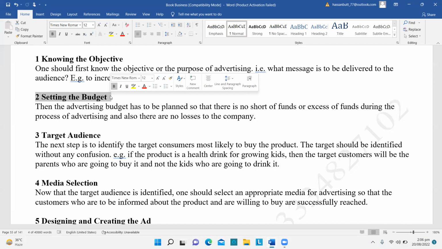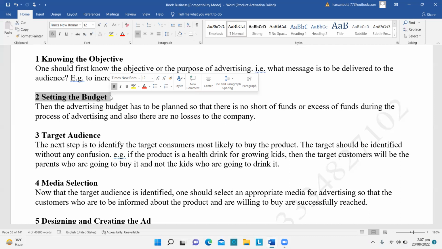But if you have a large budget, you might go for TV, a magazine, an expensive internet site where pop-ups come. You know, when you watch videos on YouTube, all of a sudden an advertisement comes and you cannot skip that ad for a few seconds. They are very expensive. So if you have a huge budget, you can go for such advertisements as well.